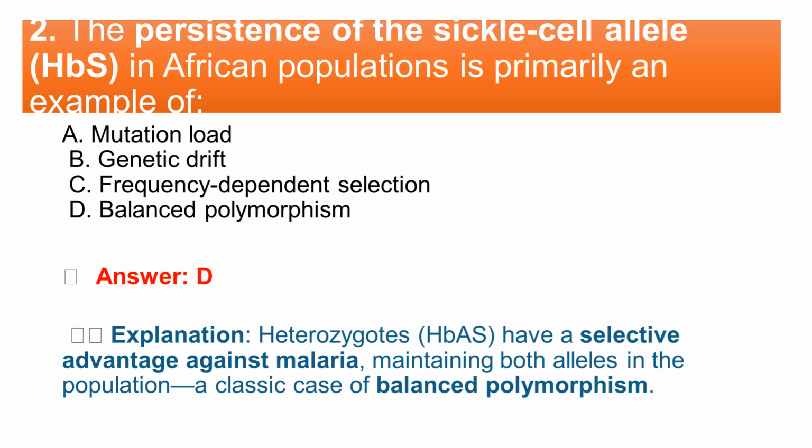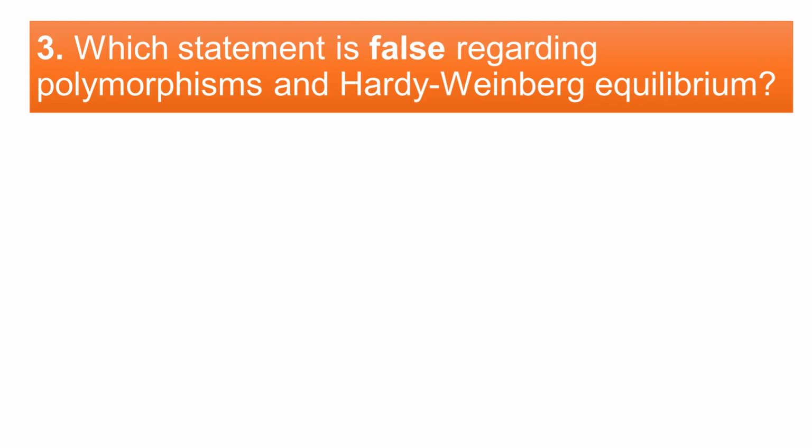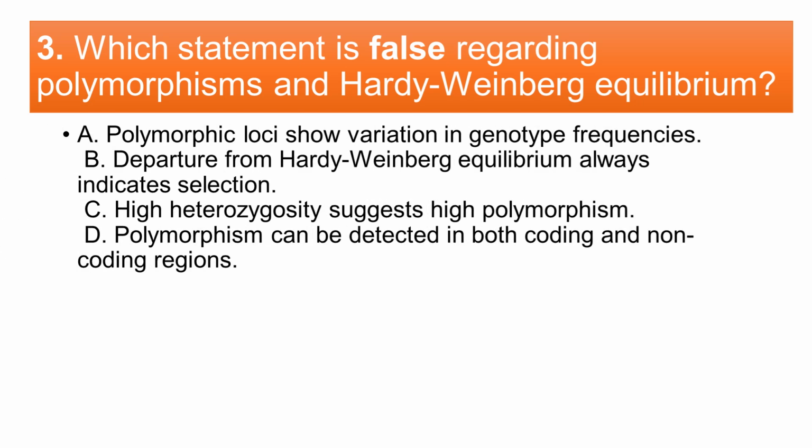3. Which statement is false regarding polymorphisms and Hardy-Weinberg equilibrium? A. Polymorphic loci show variation in genotype frequencies. B. Departure from Hardy-Weinberg equilibrium always indicates selection.